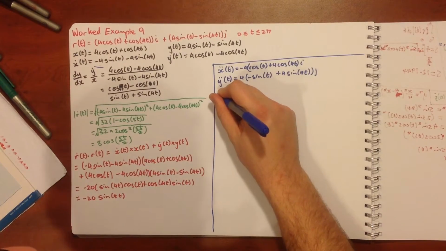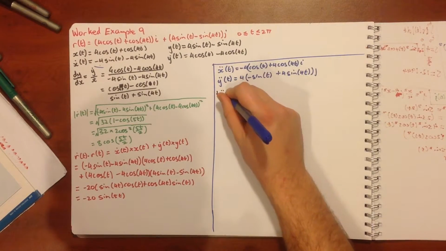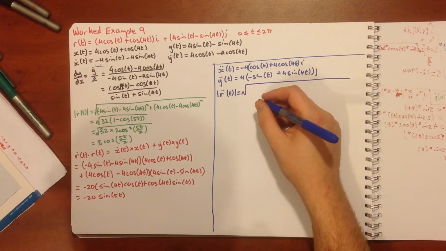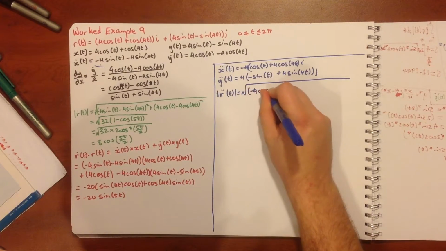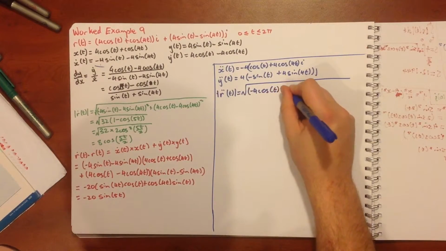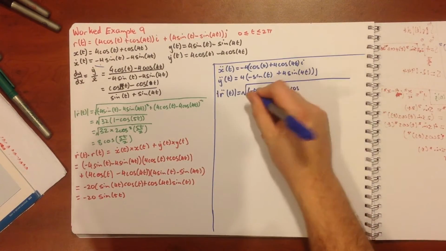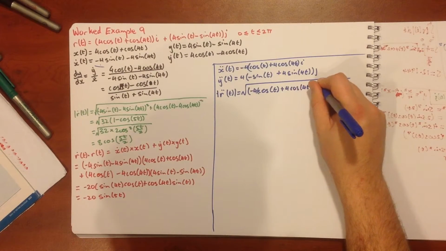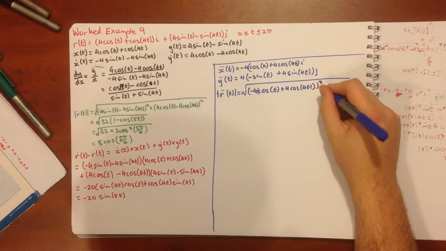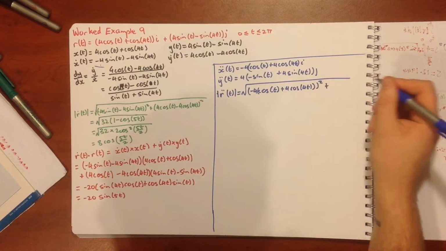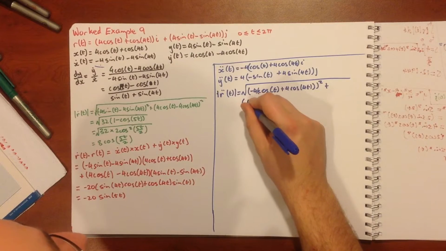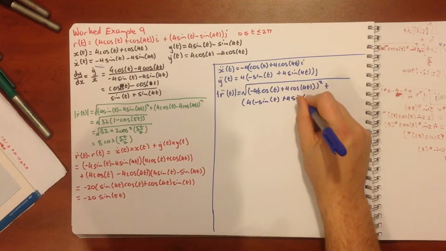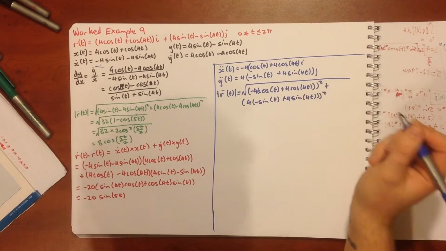So really we're going to be finding the modulus of r double dot of t, which of course is equal to the square root of our minus 4 cos of t plus 4 cos of 4t, squared, and of course then it's also plus our 4 outside of our minus sine of t plus 4 sine of 4t, squared.